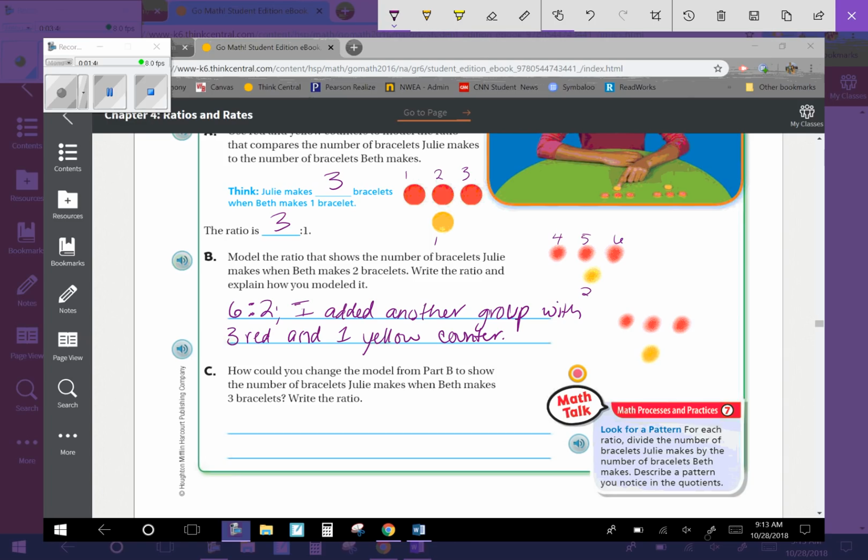So now I have 9 red and 3 yellow, which means when I add 1 more group of 3 red and 1 yellow, now my ratio is 9 to 3.